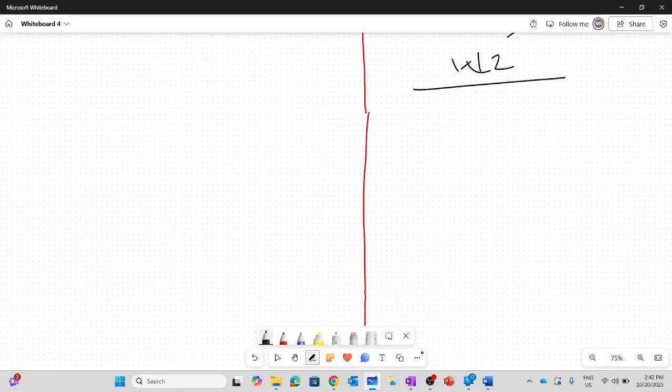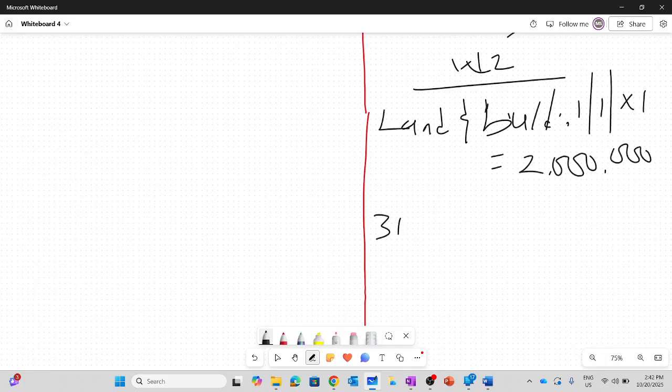At 31st December X1, the value is 2,200,000. So therefore, the difference is the fair value gain, which is 200. Now this fair value gain, we are going to show directly under the statement of profit or loss. Simple.